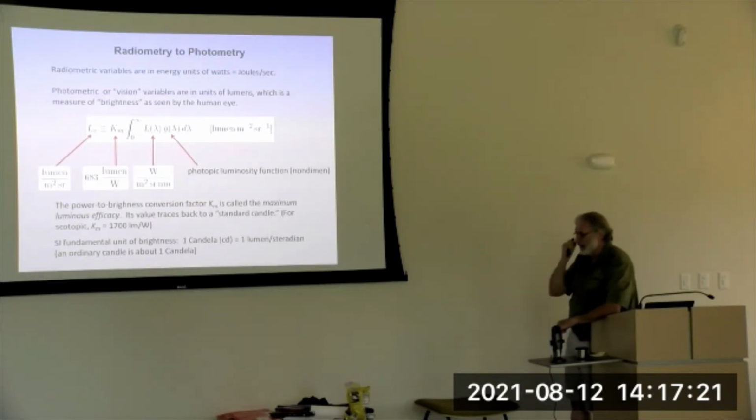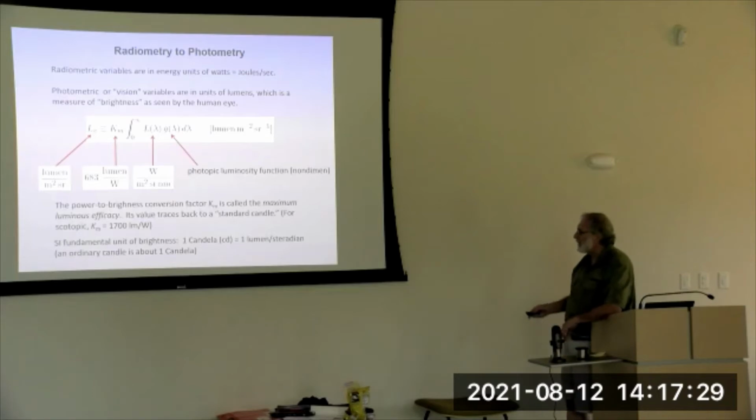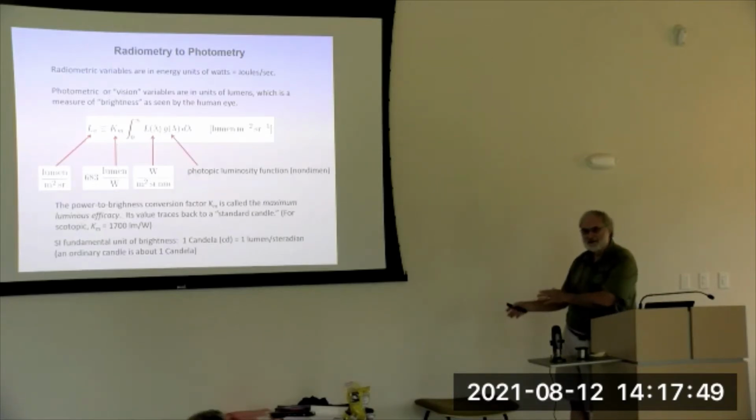It's sort of like the idea of some mechanical process where you're not losing anything to friction, for example. Anyway, you take your radiometric variable, multiply it here, integrate, and multiply by this magic conversion factor, which is based on historical studies, and they finally agreed on this quantity as the conversion between radiometric and photometric quantities.